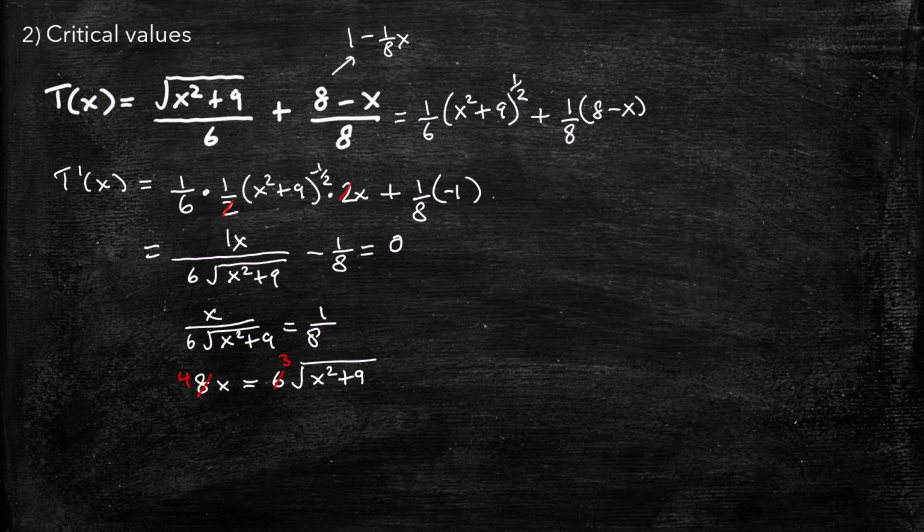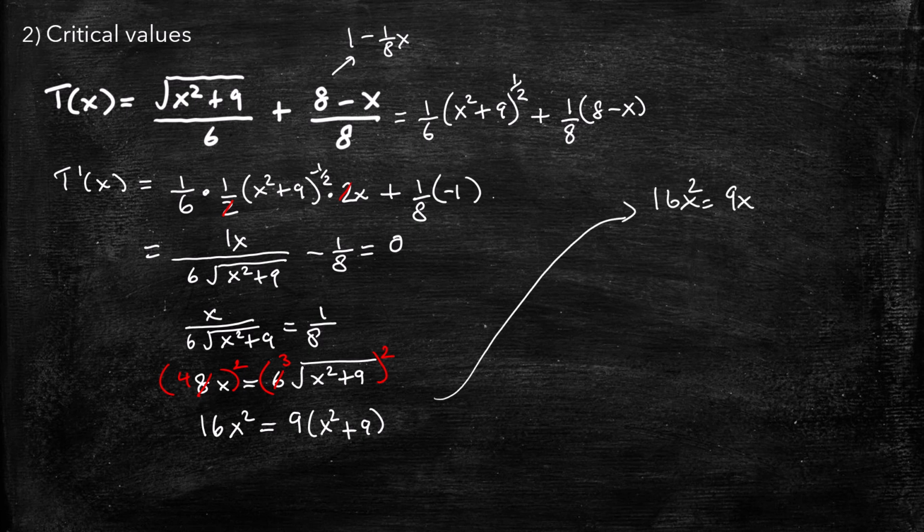And then the best thing to do to get rid of that radical would be to square both sides. If we square both sides, we get 16x squared equals 3 squared, which is 9, times x squared plus 9. The radical goes away. And then we get 16x squared equals 9x squared plus 81.